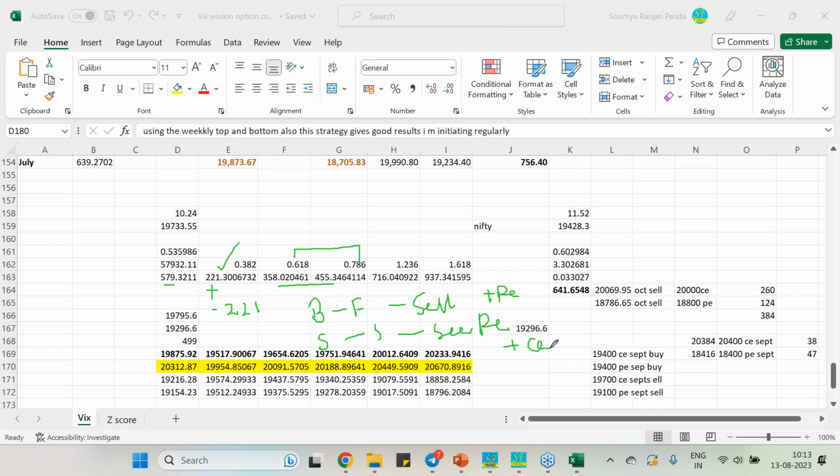In case it reverses, you will have a minimum loss impact. So 0.618 to 0.786 means you initiate at plus or minus 221 points, and at 358 to 450 points of move plus or minus you quit the trade. This is also a technique you can follow, the covered call technique.